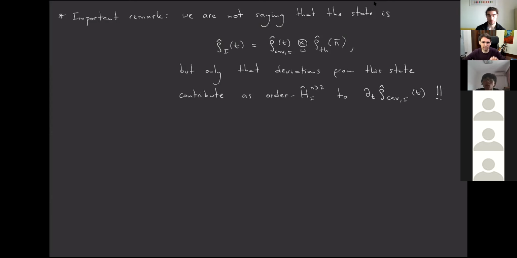So this is a very, very important remark. And actually, we are going to see that the state of the cavity, so I give you two reasons why this is not the state of the system, or we are not claiming that. The first thing is that, and you already know this from the Heisenberg picture, the state of the cavity, in general, will be a mixed state, okay?